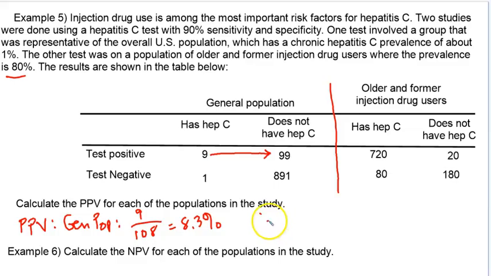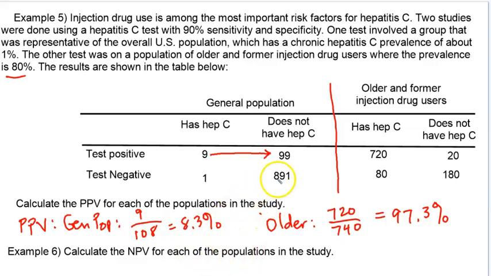And then for the older population, same thing, we would do 720 divided by the sum of these, which is 740, and percent form to the nearest tenth would be 97.3%.